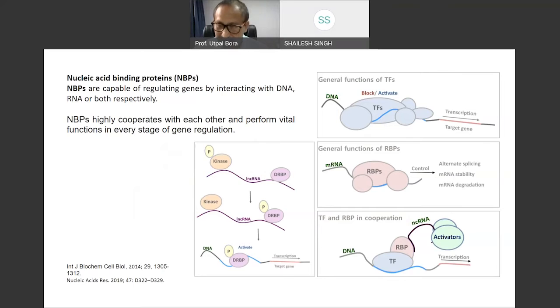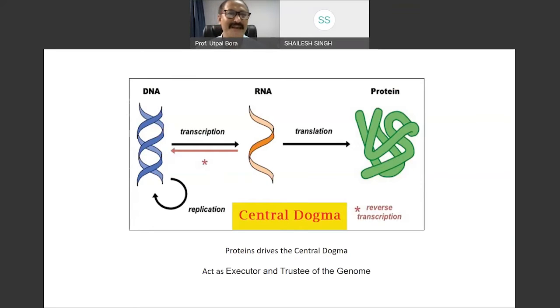Now, what I want to emphasize before moving to the next slide is that our topic of discussion is nucleic acid binding protein. In this slide, you have nucleic acid on one side and protein on the other side. For doing all this work, whether transcription or replication, yeah, I forgot to tell you about the replication process. This is a process by which DNA makes copies of itself.